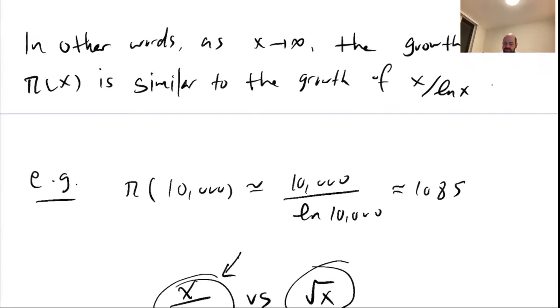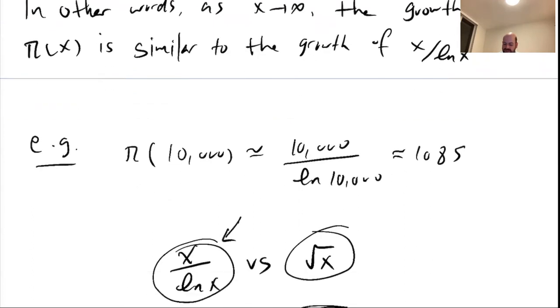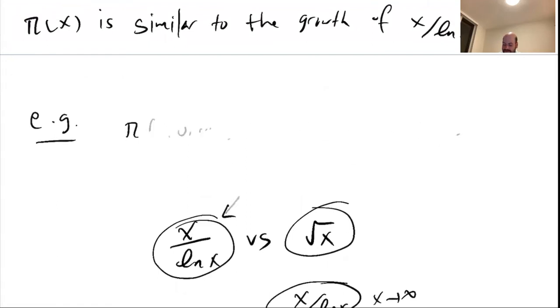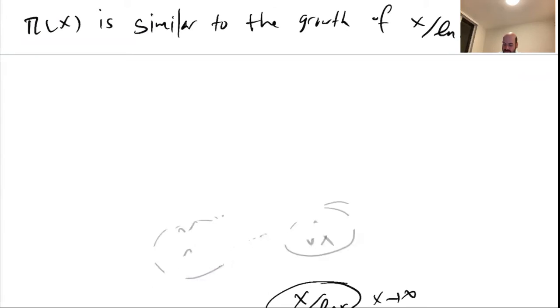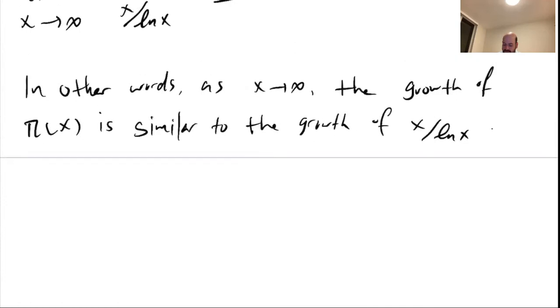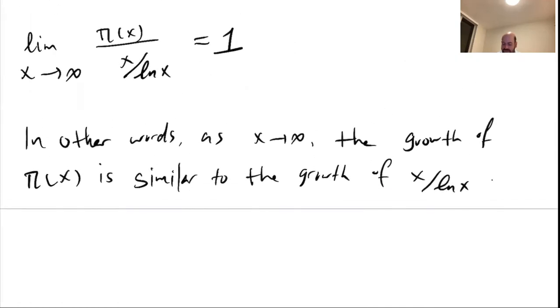Okay, this is a deep theorem in advanced mathematics and advanced number theory. And we actually don't need the proof for this in this course. So I think this much is enough. It's about the number of primes less than or equal to x.